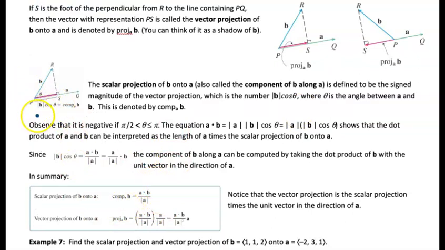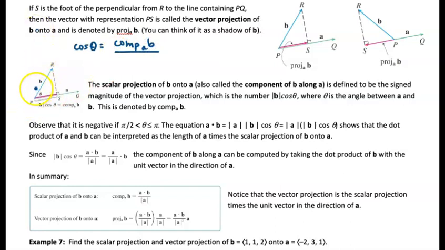Well, that comes from our triangle geometry. If I'm looking at this triangle right here, I know that the cosine of theta is equal to the adjacent side length, which I can call PS, or the component of B onto A, divided by the length of this hypotenuse.